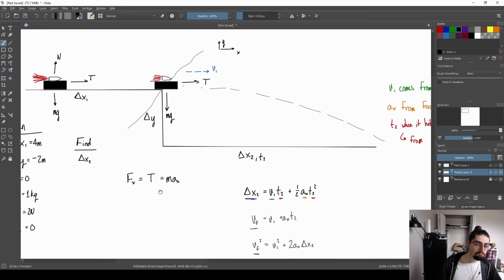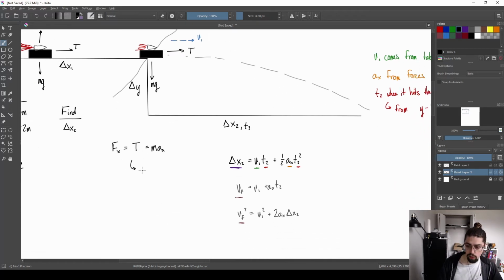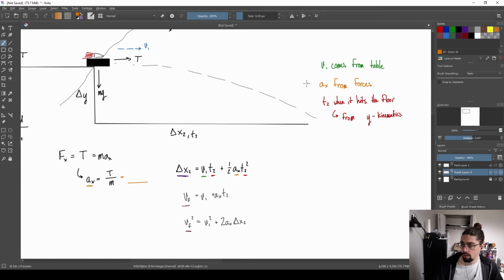Not 0. So acceleration is equal to T divided by m. And if you would like, if you turn this into a number right now, I would not be mad at all. I would not immediately replace it in the equation, but you are more than welcome to find that as a number for now. So, first one, done. What's the next easiest one to find? What do you think?